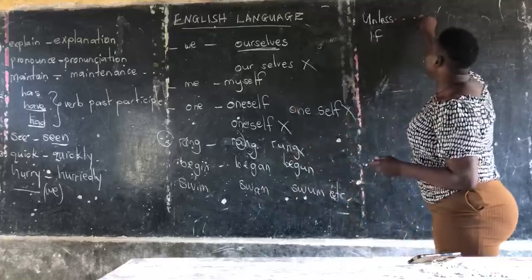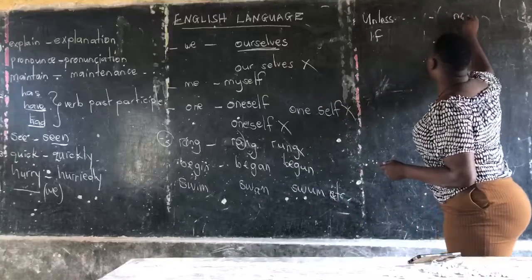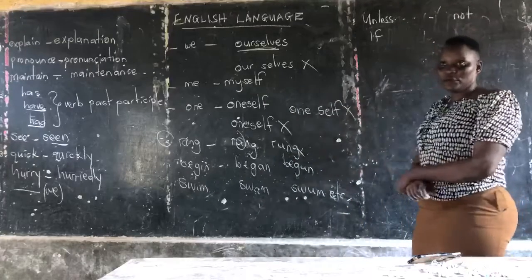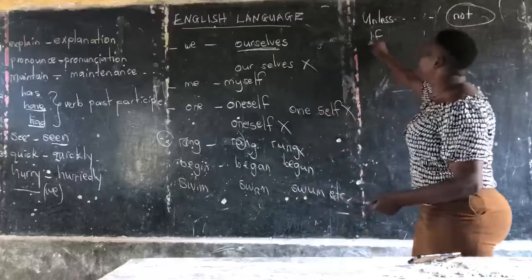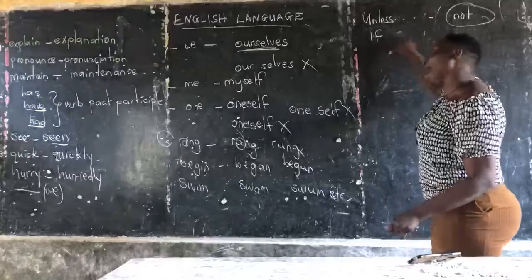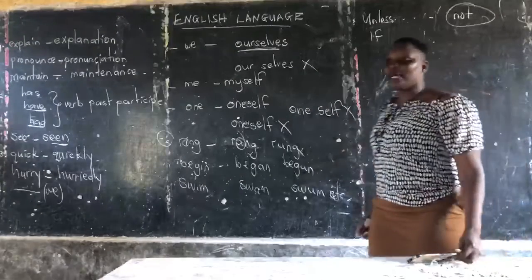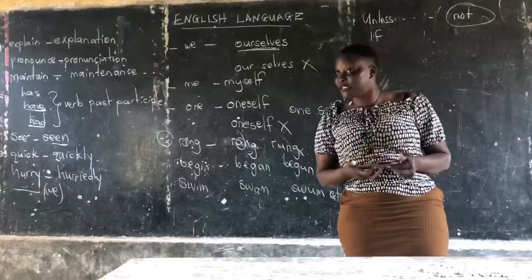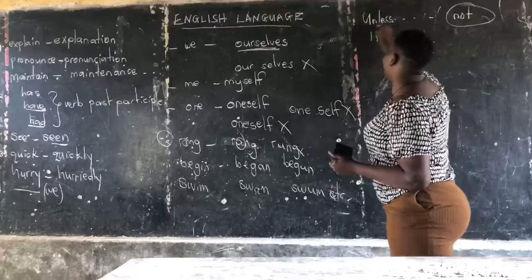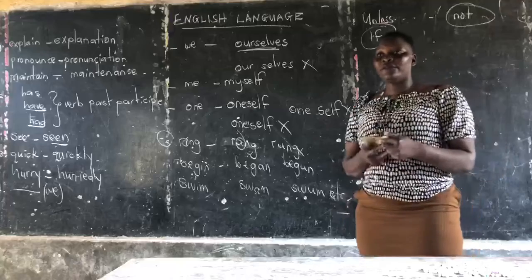With unless, the main clause is always negative, it has the word not. Then for the if clause, it is normally positive. When you look at our number 6, the main clause was positive. So the best answer was if.